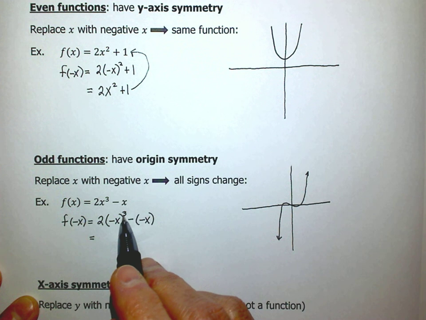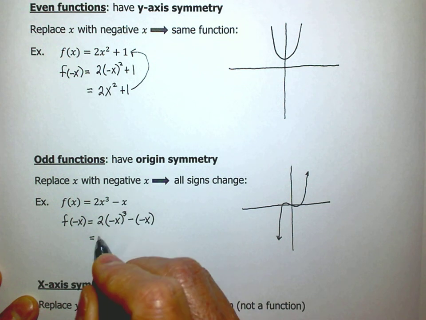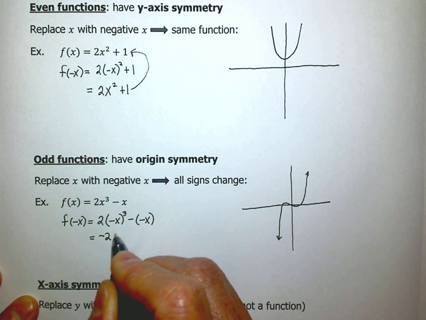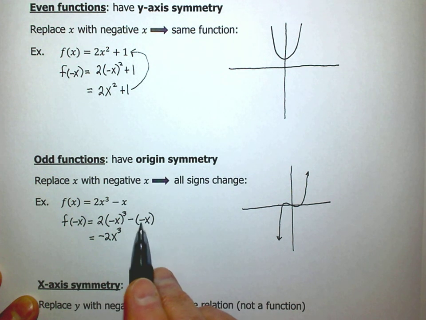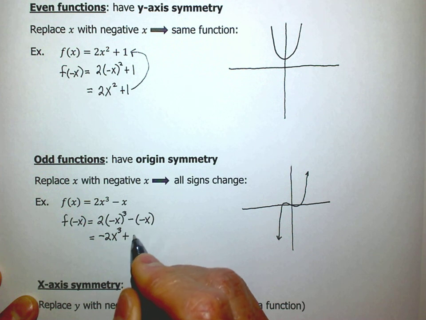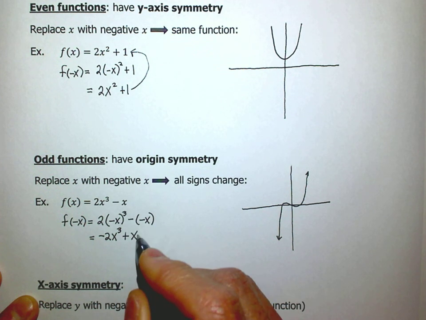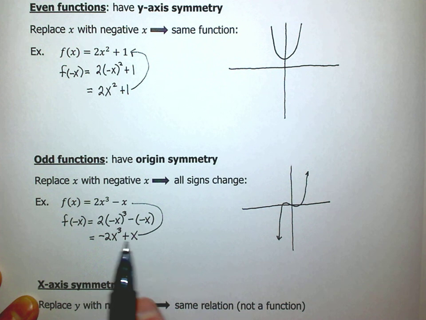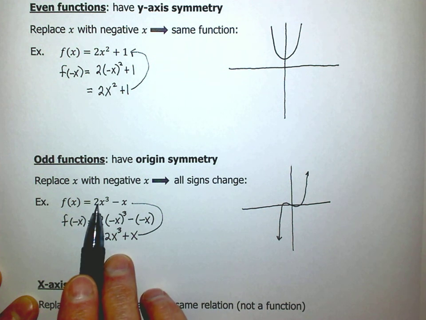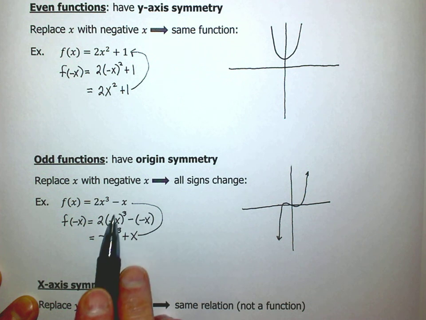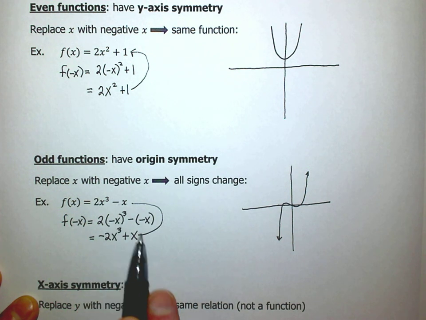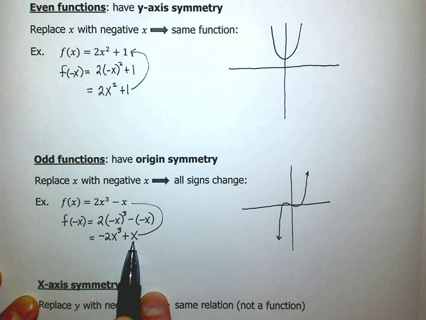Negative x cubed: negative times a negative is positive, times another negative is negative. So that's going to turn this into a negative 2x cubed. And two negatives here gives me a positive. Now if I compare this with the original function, notice that this term was positive in the original. Now it is negative. This term was negative in the original, and now it is positive.